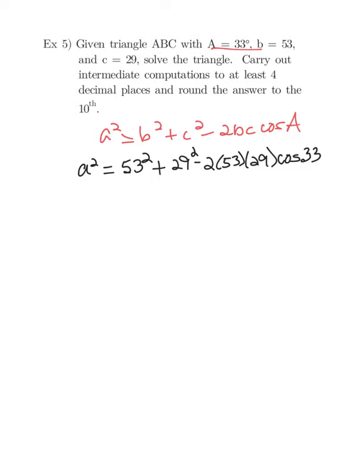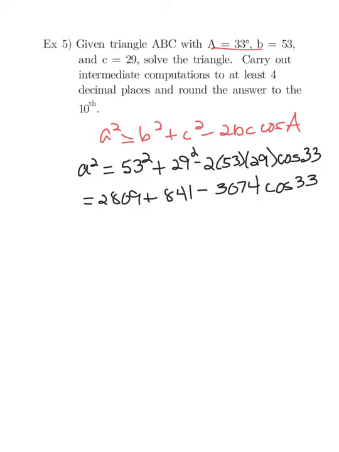Now, as we do the arithmetic on this formula, 53 squared is 2809, 29 squared is 841, and 2 times 53 times 29 gives us minus 3,074 times the cosine of 33.